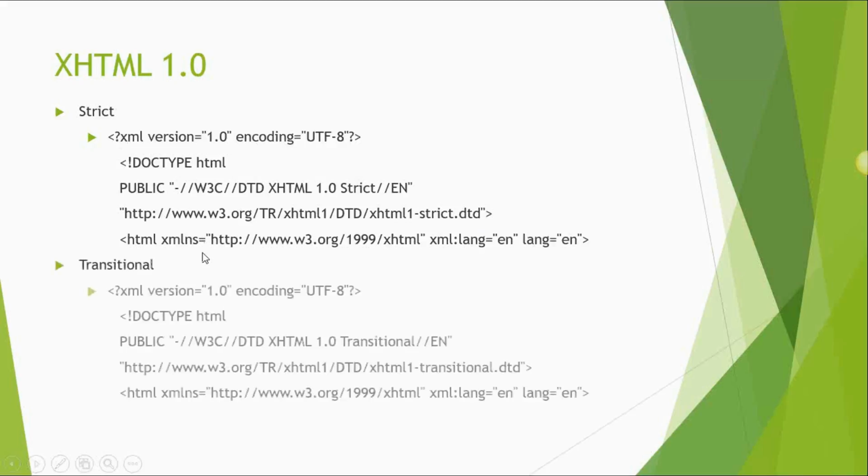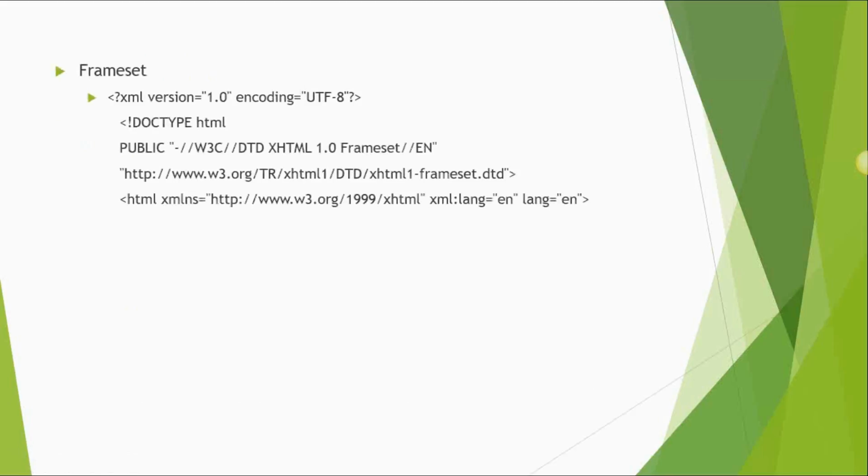Next is the transitional. It's the same XML version 1.0, encoding UTF-8, doctype, public, then the FPI, then the URL. It says XHTML1 transitional.dtd, and also the XMLNS is defined. For strict and transitional, the XMLNS is the same. The last is the frameset. This is also the same.